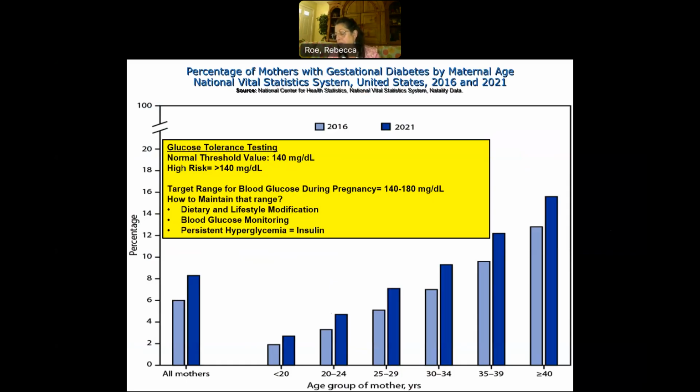Initially, about 70 to 85% of these women can manage blood glucose by dietary modification alone. But if that does not maintain blood glucose around 140 to 180, which is the target range during pregnancy for someone who tests high risk, then they'll have to be on insulin. After delivery, your blood glucose should normalize.